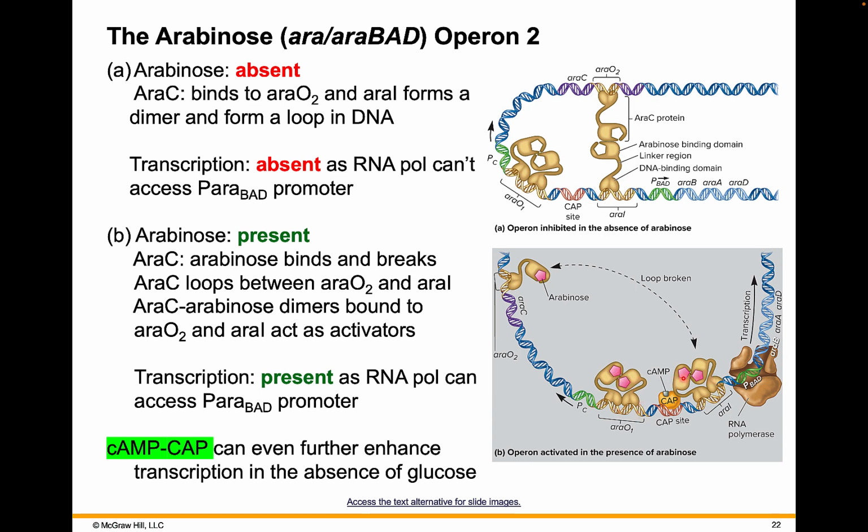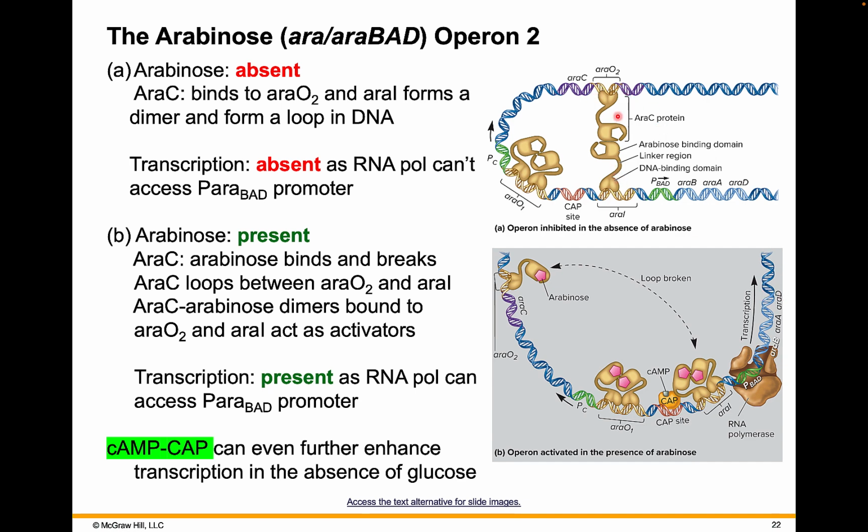And they can interact with each other as well. But this basically doesn't inhibit the recruitment of the RNA polymerase. The loop is broken. And this, in fact, promotes the recruitment of the RNA polymerase, and it goes on transcribing araB, araA, and araD.